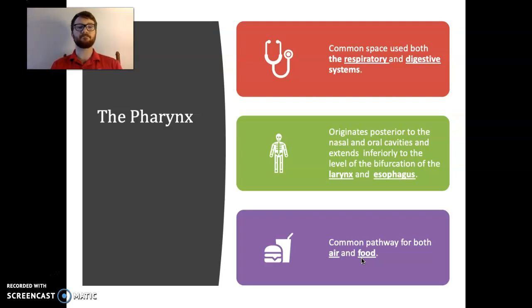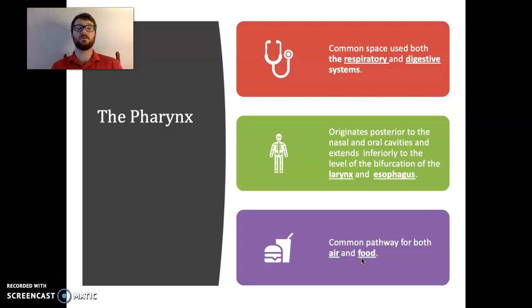So, this is where the pharynx and the larynx are highly different. The pharynx brings both air and food into your body. However, it splits off into two different factions. It splits off into the larynx and the esophagus.